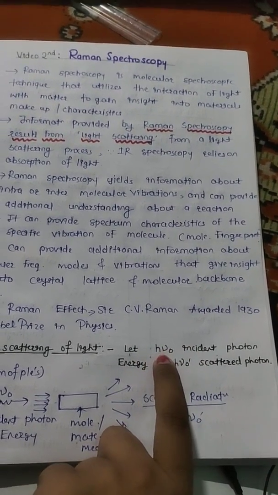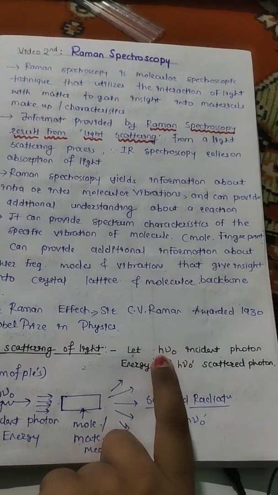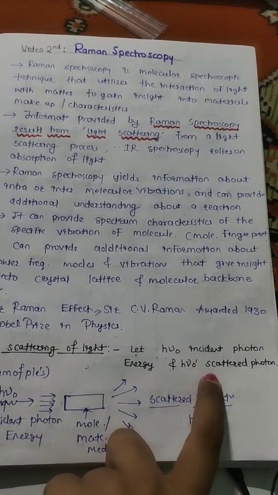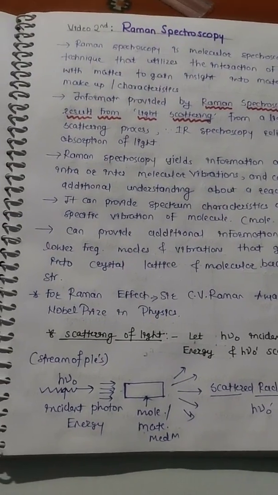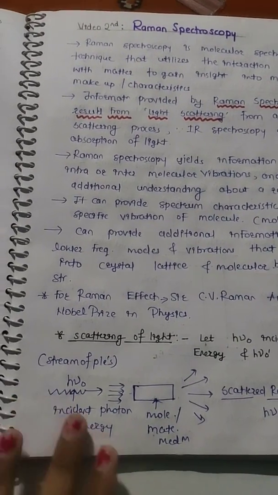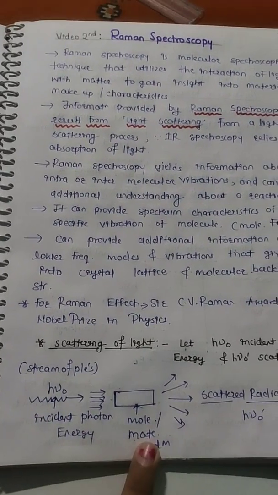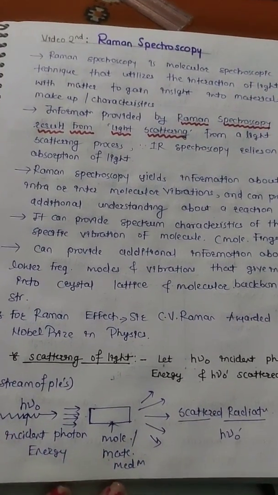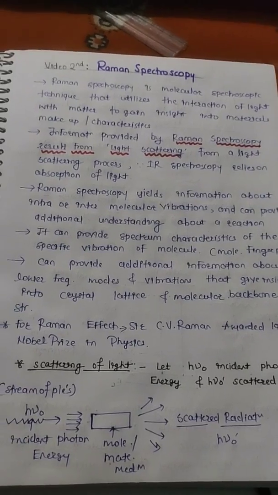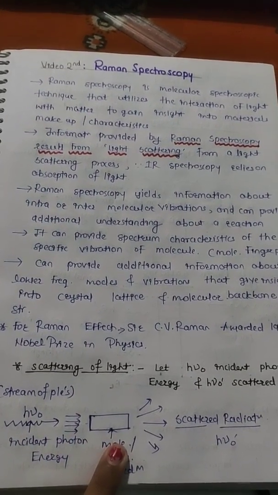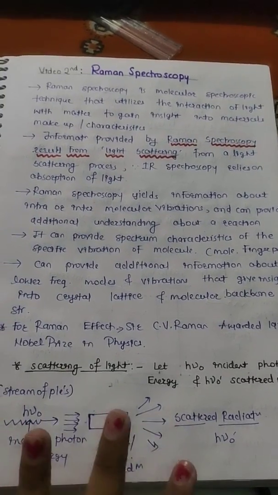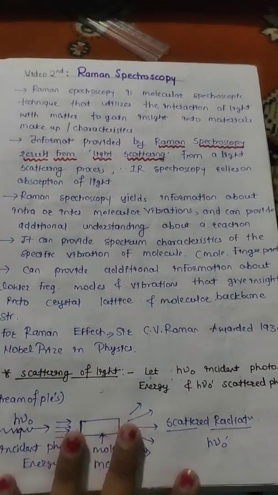So what is scattering? When we pass the incident photon of energy h nu naught through a molecular or material medium, here we are studying molecular spectroscopy, the light gets scattered. This is simply what scattering is.